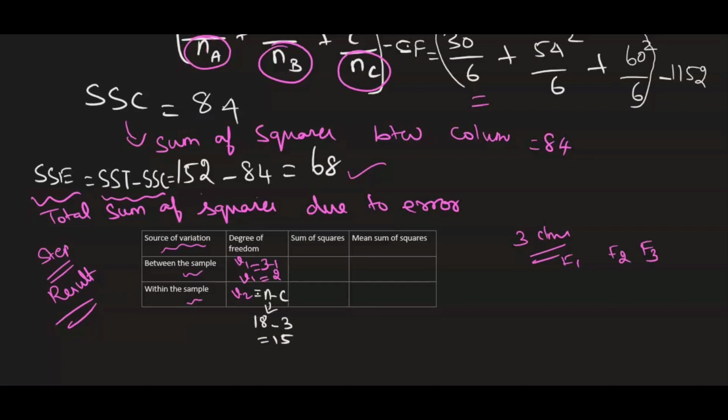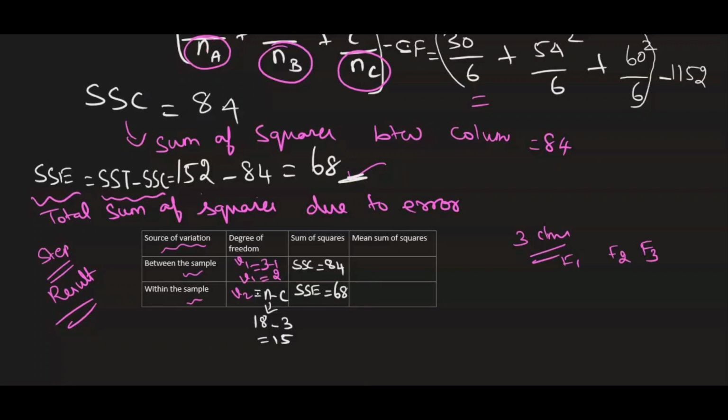Now we are going to write down the values. That is the sum of squares. The sum of squares between the samples, that is your SSC, is 84. And this is the error within the samples, that is SSE, which we got as 68. So we are writing these 2 values here.